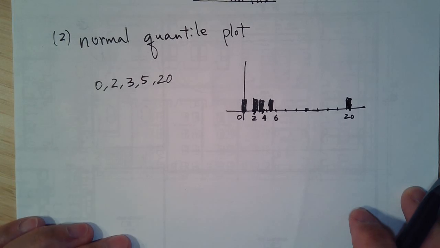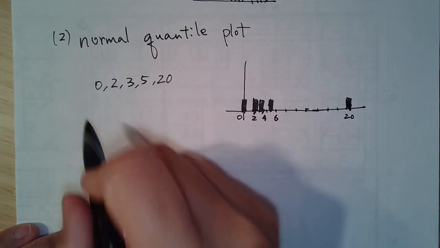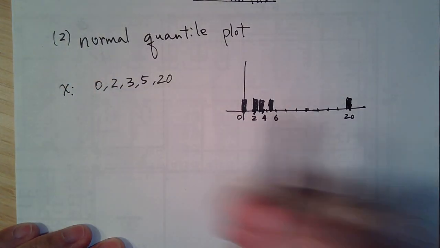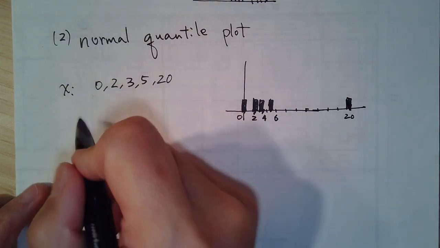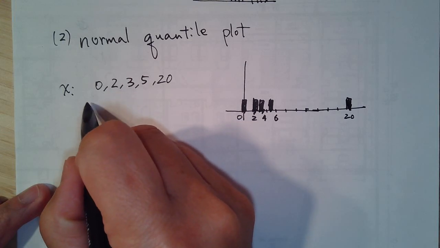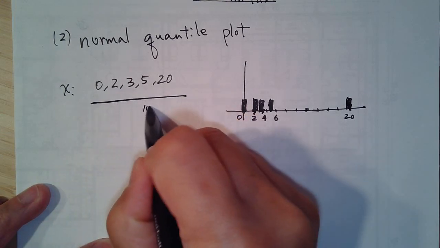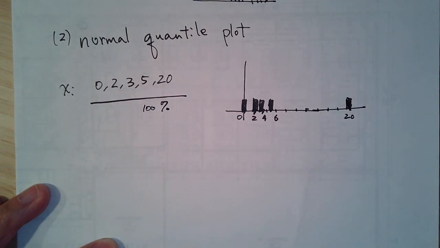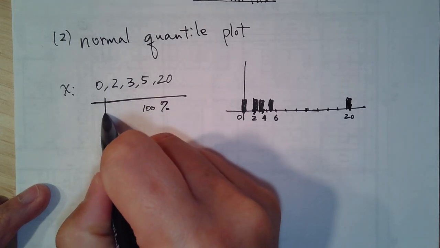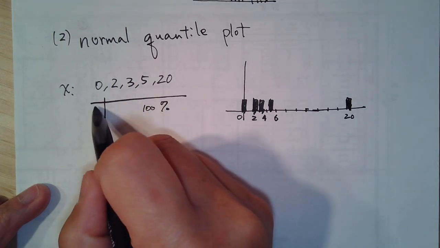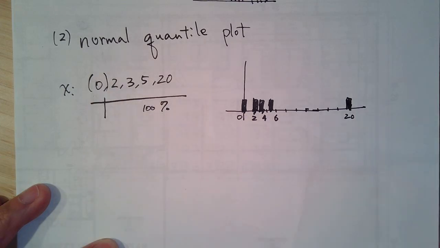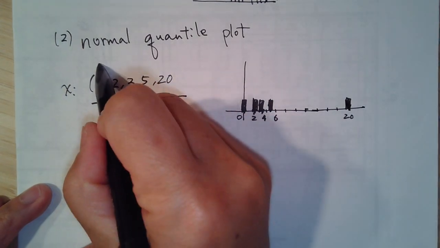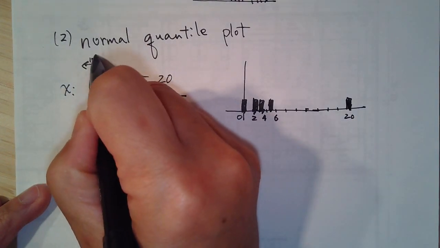So how do we do the normal quantile plot? This is your x. There are 5 numbers, so I will say there's 100% of the data here. If I cut things here, I would say the first one takes about 20%, so from here to the left, I'm going to say 10%.